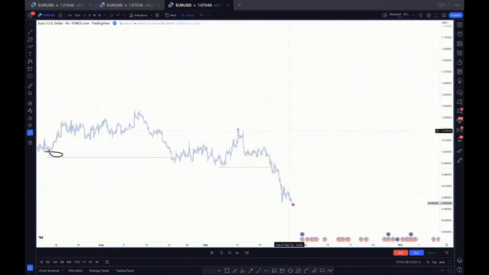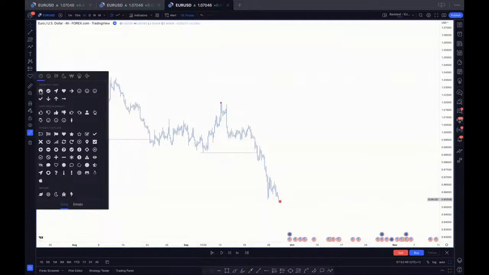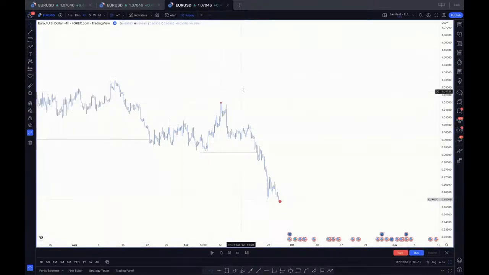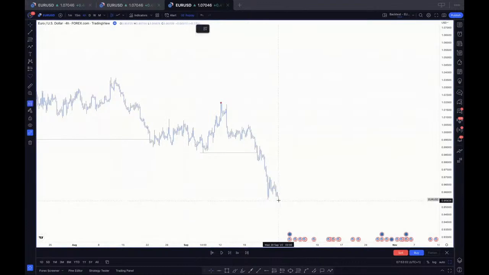So I normally use this tool to mark my highs. It's just a circle, and how to get that is here. You come over here on TradingView, click the icon, and then click the circle. Then you put it on your high. And then I would take the same tool again and mark my low.